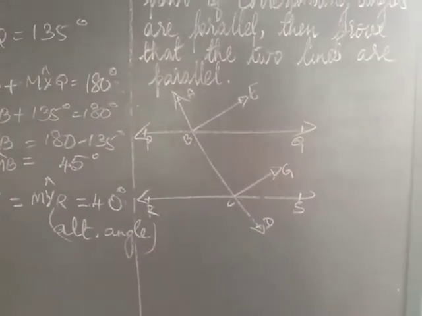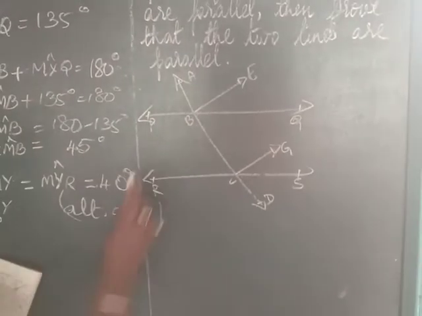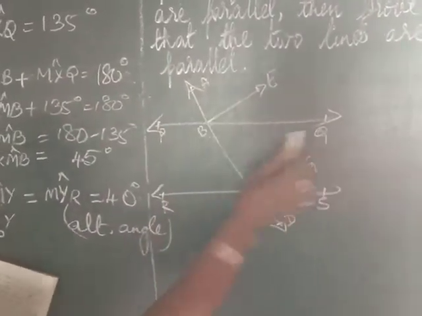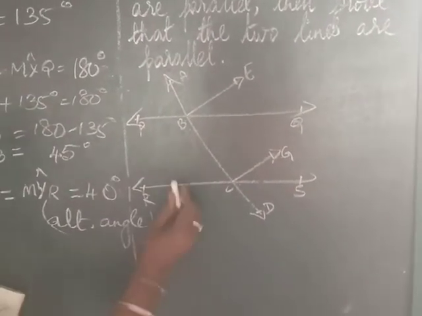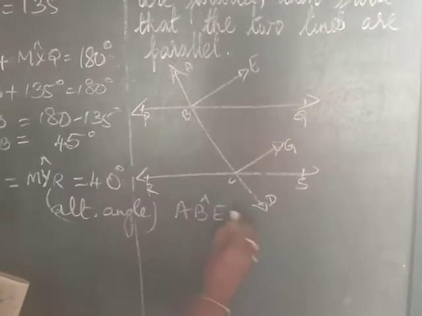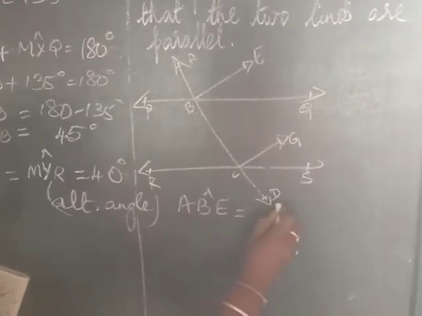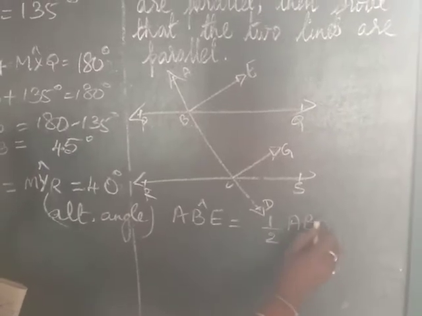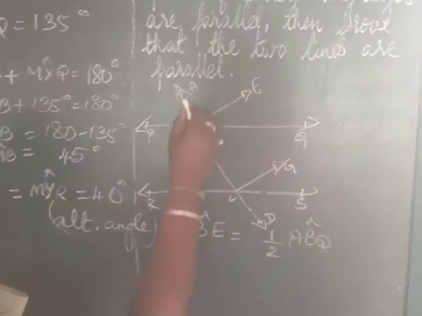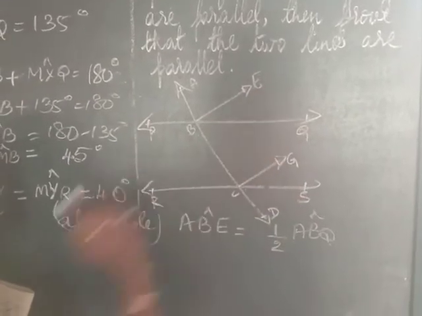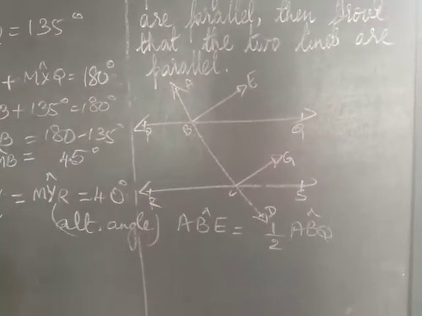Now let us see. Ray BE is the bisector of ABQ, it is given. So we can write angle ABE is equal to 1/2 times angle ABQ. Since BE is a bisector, what is the meaning of bisecting?